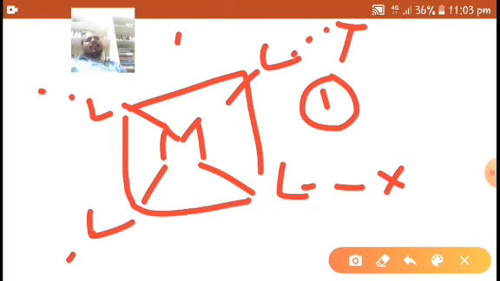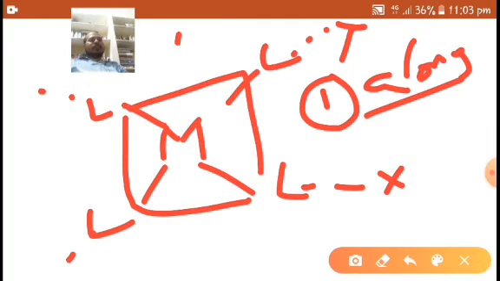First point: in octahedral complexes, ligands approach the metal ion along the axis, so the energy of Eg orbitals will be increased.